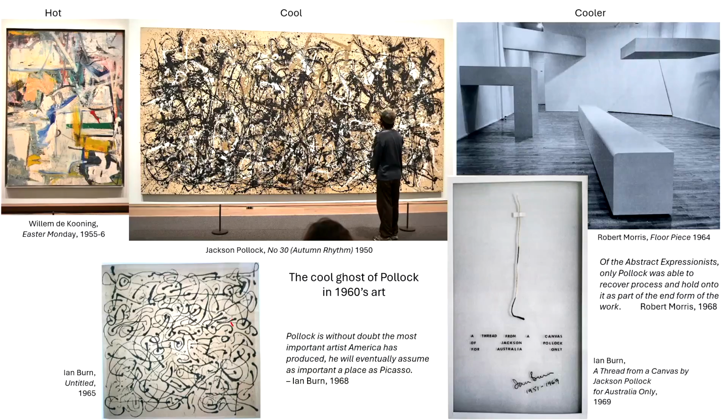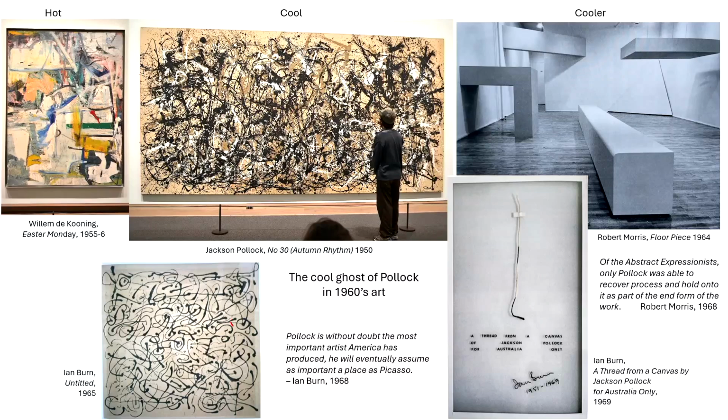He snips off a bit of canvas from it as a memento, because it's a bit like having a bone of the saint for Ian Byrne. Then he puts it in a painting a couple of years later: a thread from a canvas of Jackson Pollock for Australia only.